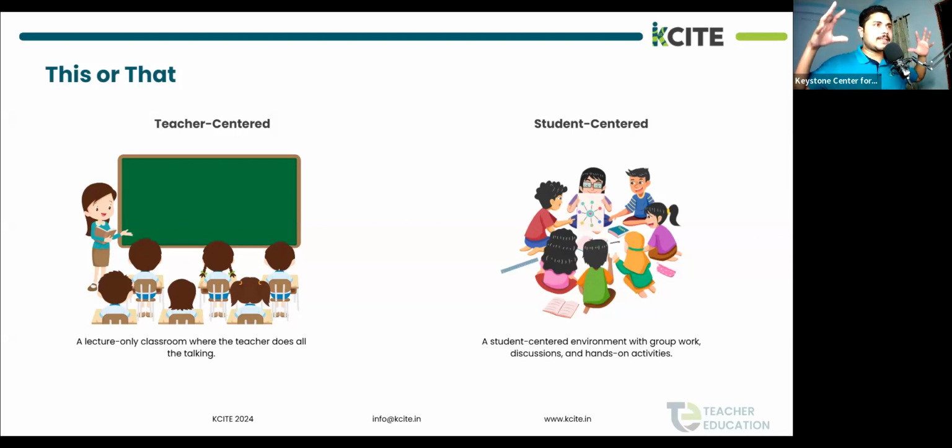So when you conduct these activities, students get to talk with each other. They collaborate, they debate with each other. They listen to what the other person is saying, and they also share their opinion.